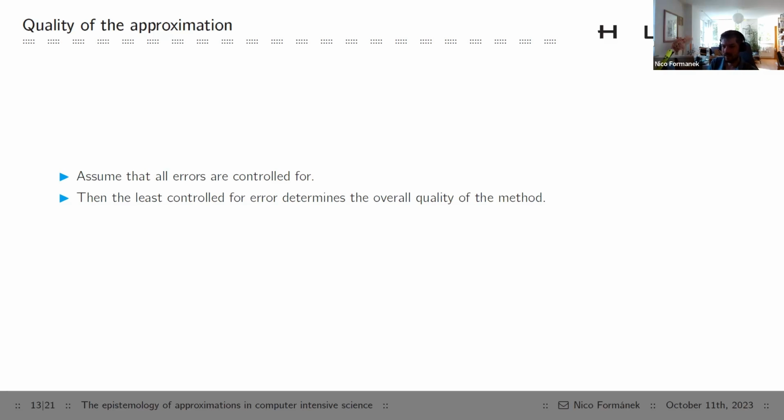Then, of course, you are bottlenecked by the error that you can control the least. This immediately tells you, if that's a property of your method, which is often the case in computational methods, that this least-controlled error determines the quality of your computational method.